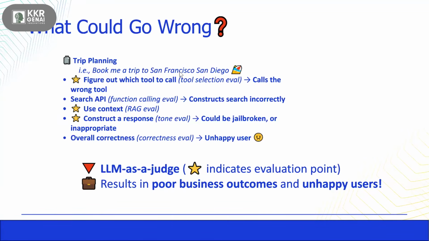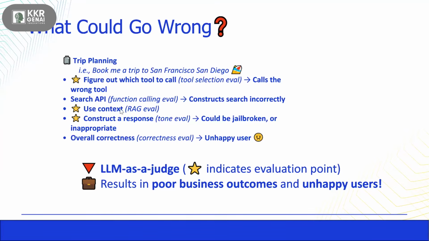The issue is that some things cause an entirely incorrect response. Tool selection evaluation calls the wrong tool, which misleads, so instead of San Francisco it picks San Diego. The search API may construct the search incorrectly, so the word is not mapped properly and we end up in a different place.